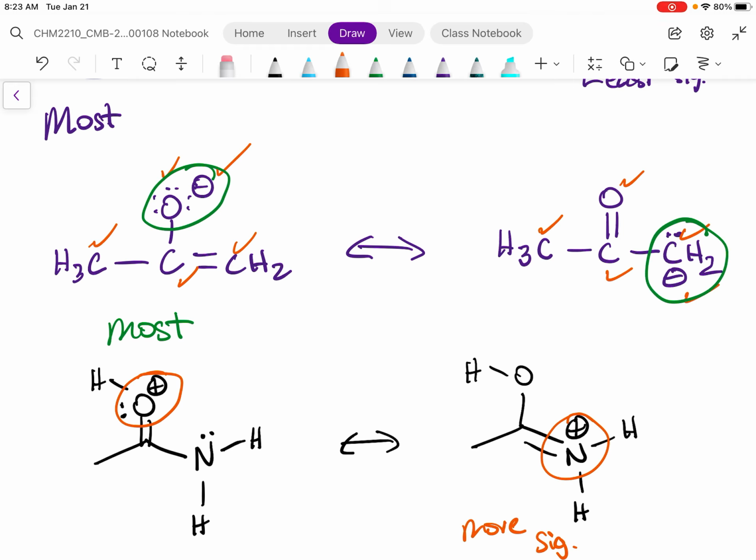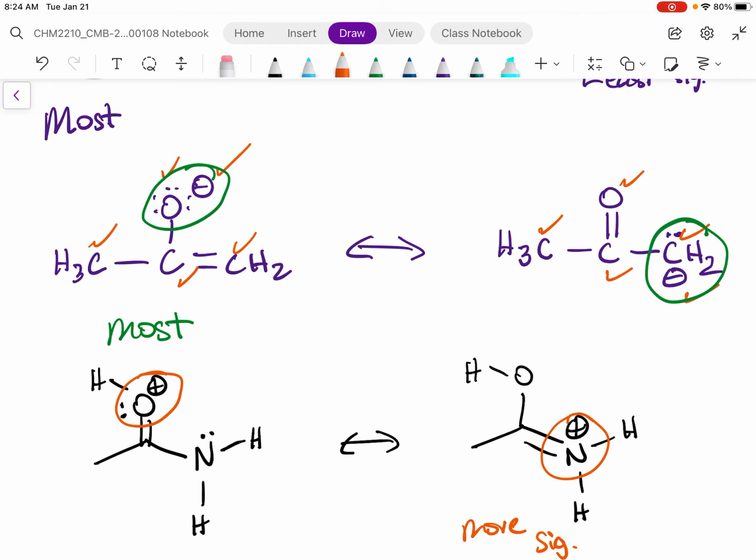So if this is oxygen, this is nitrogen, oxygen's painometer is going to be around 9 or 10, and nitrogen's going to be less than 10. Because nitrogen is less electronegative, it can handle a positive charge better than the more electronegative oxygen.